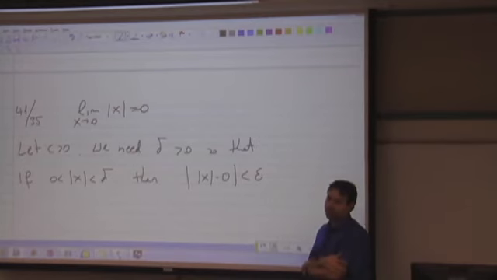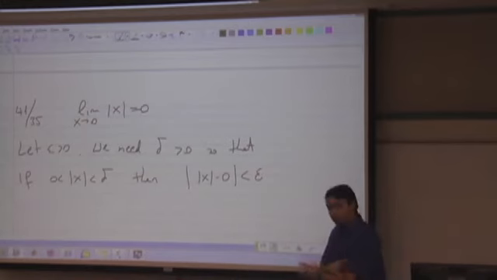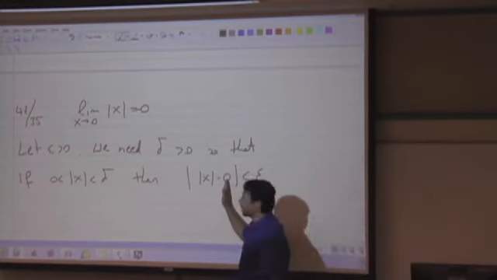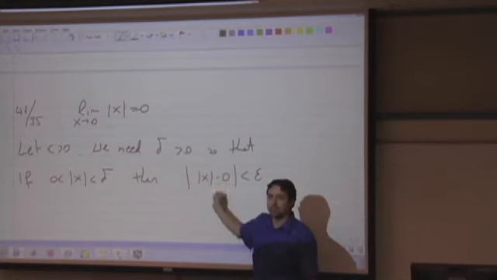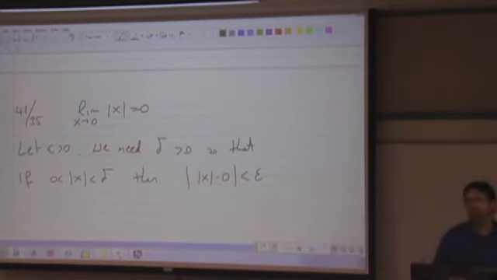Does that make sense? No. Why not? I don't understand the absolute value of an absolute value. All I'm doing is writing the definition. I'm saying the absolute value of f of x minus L. That's f of x minus L, that's just it. But now the question is, what's the absolute value of an absolute value?